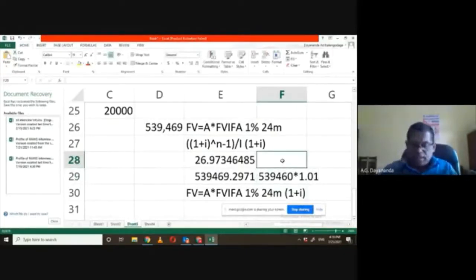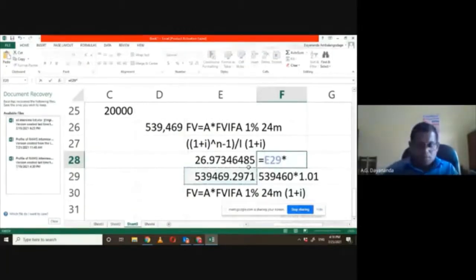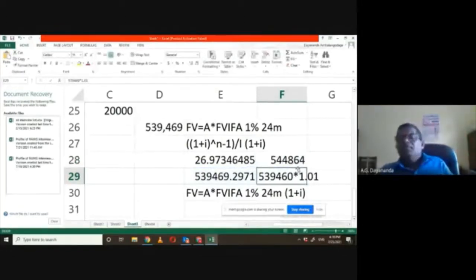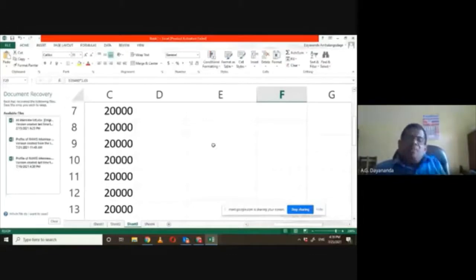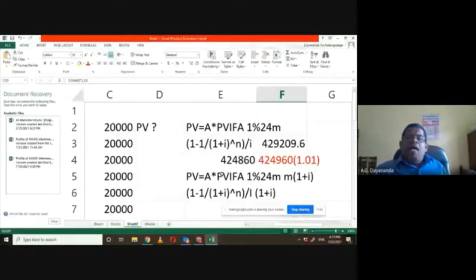The answer comes here. It is easy for me to write it like this, multiplying by 1.01, and 544,864 comes. That's the answer. Is it clear? But I didn't ask you to develop this annuity due table. I asked only to develop the annuity general table. That's how you got the 4 tables. Is it clear? Right?